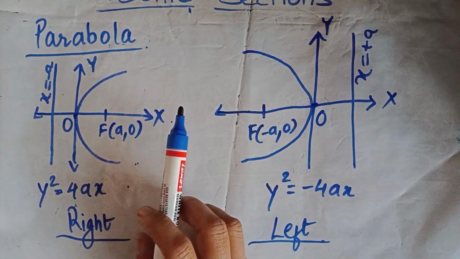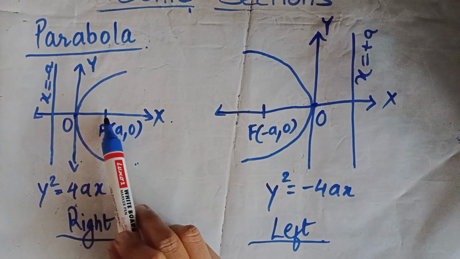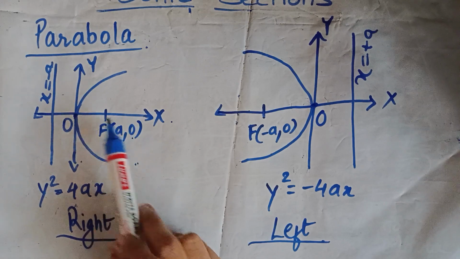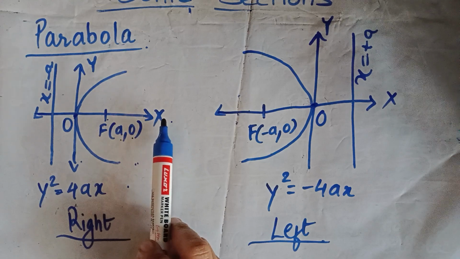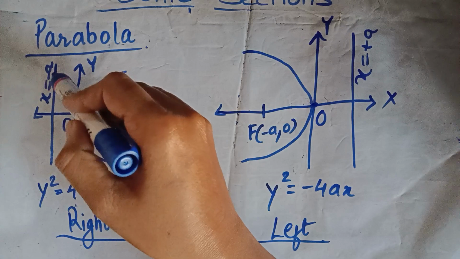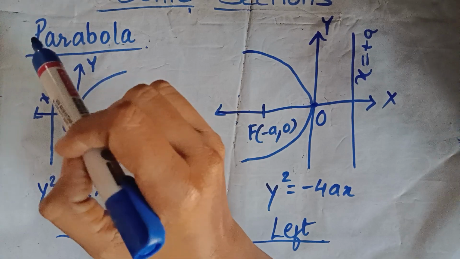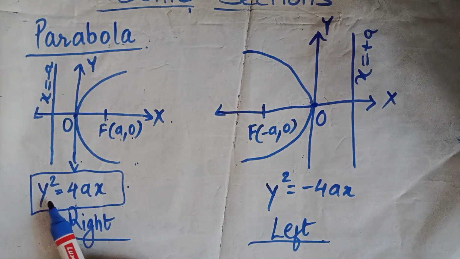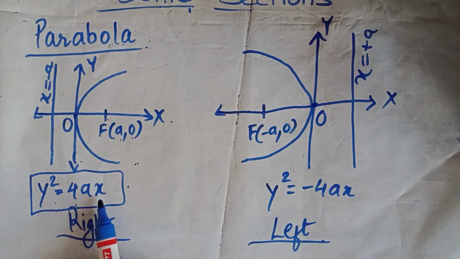Okay, now here the focus is at (a, 0). That is, this is on the positive side of the x-axis. And this is the directrix. Equation of the directrix is x equal to minus a. Then the equation of the parabola is given by y square equal to 4ax.